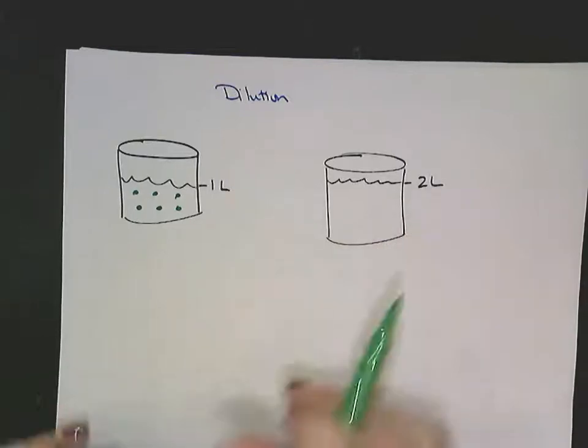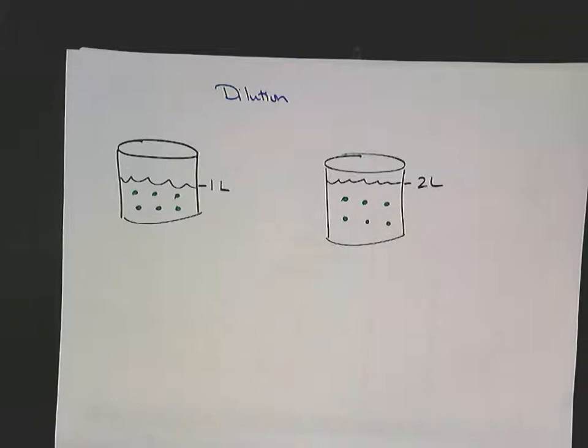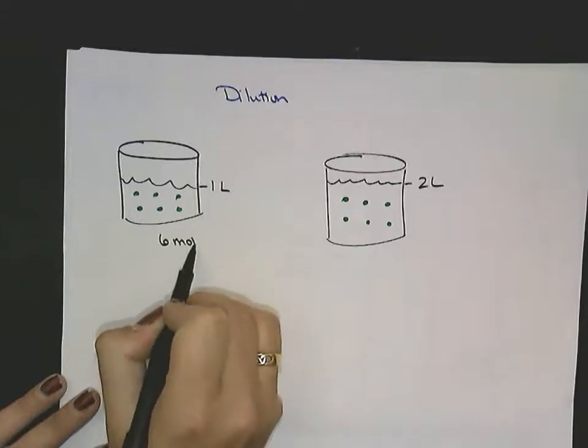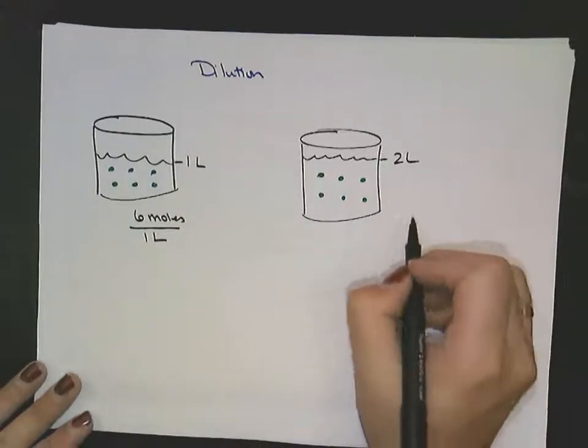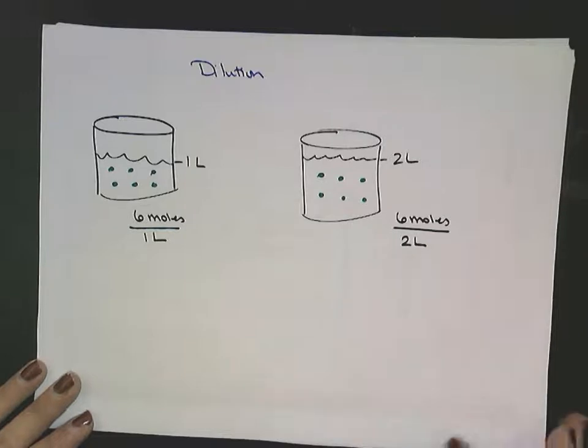Now I'm at 2 liters. But I still only have 6 things in it. We'll say moles, that way it makes it easier. So this one has 6 moles per 1 liter. And this one now has 6 moles per 2 liters.